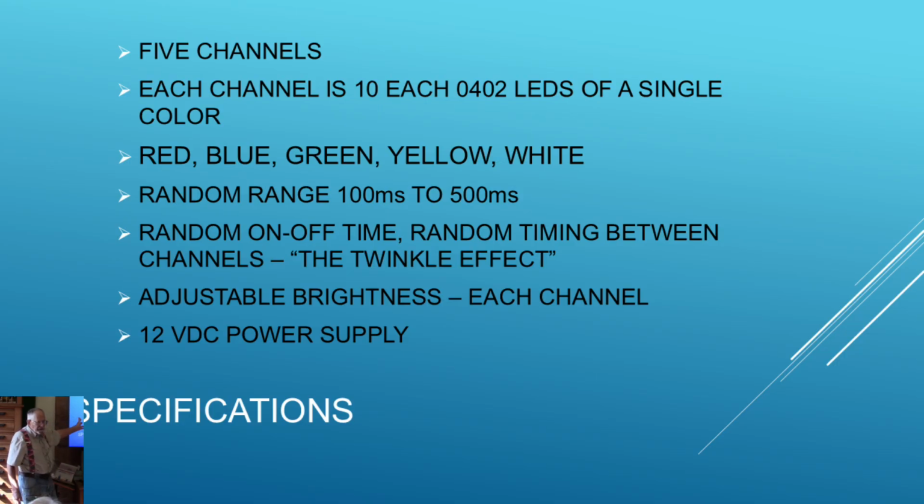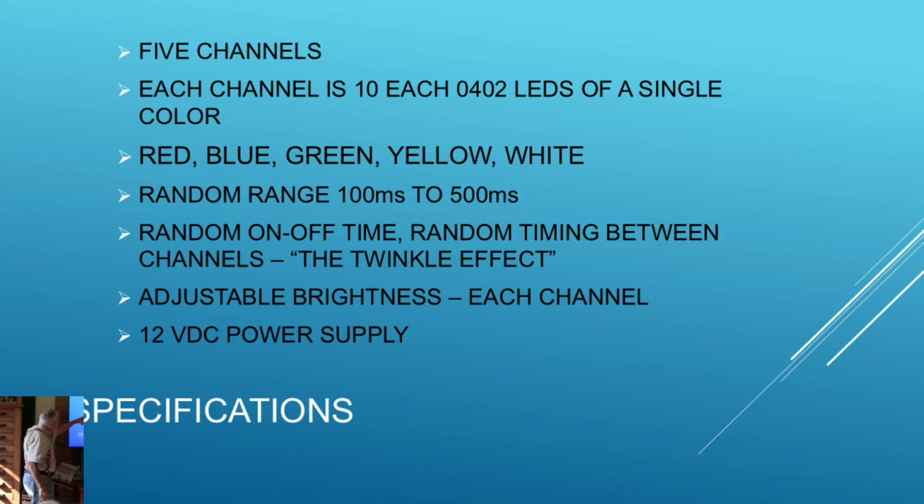I set up the blinker random, and this is important. Every time a channel blinks and turns off, both the on time and the off time are random on each channel, right? So we have 50 LEDs blinking, and in groups of 10, they're randomly blinking on and off, on and off.